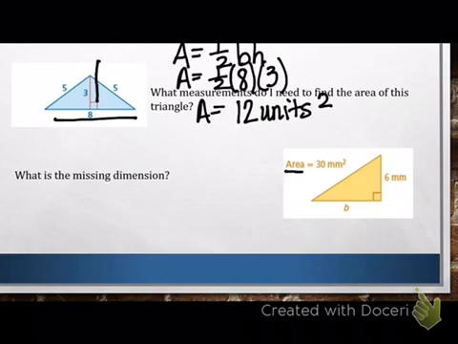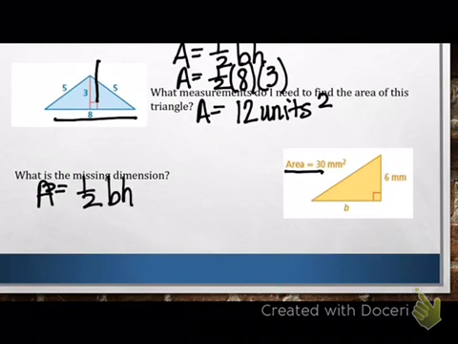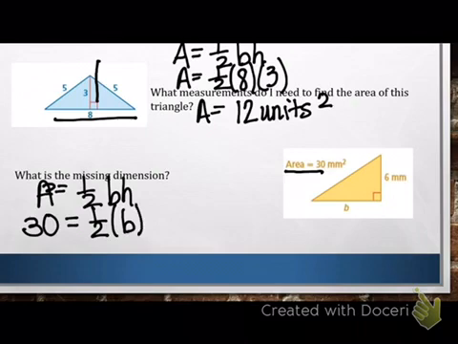All right, and here they want us to find the missing dimension. They give me the area. So in my formula, when I'm writing A equals 1/2 BH, my area has already been given to me. My base is missing. My height is 6.